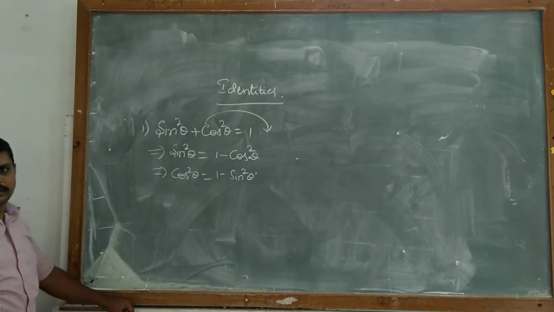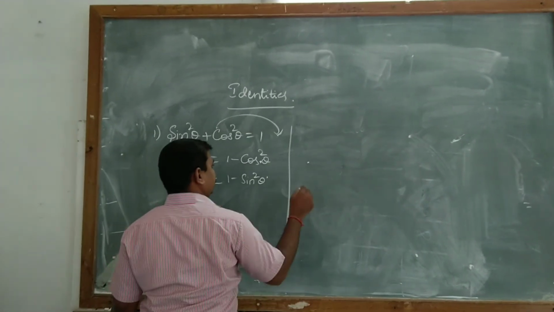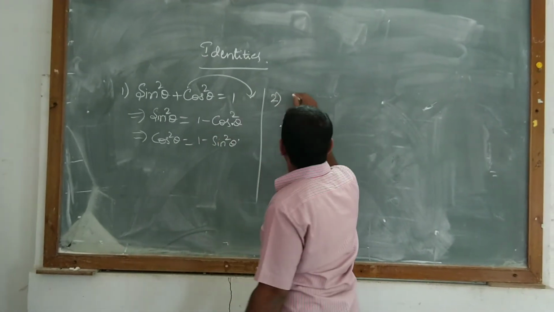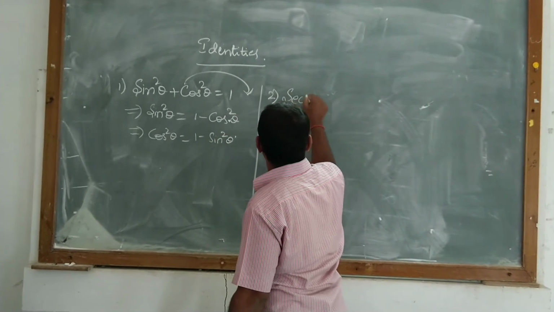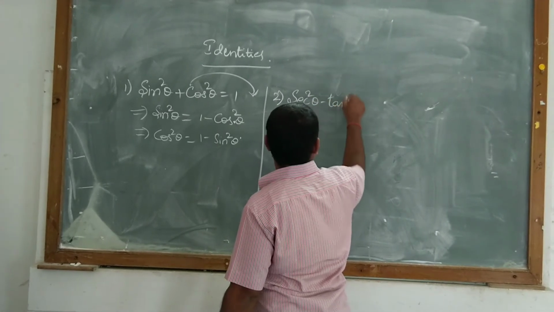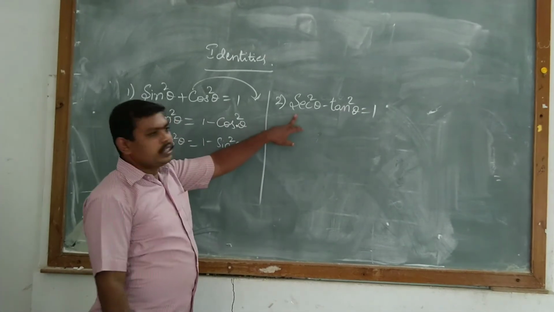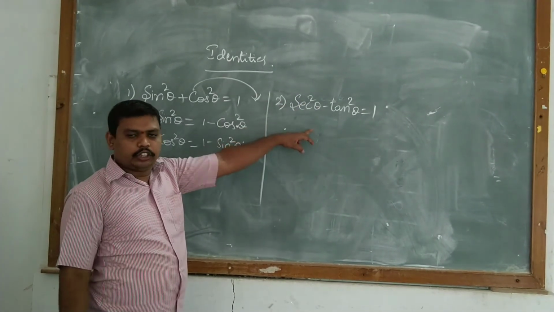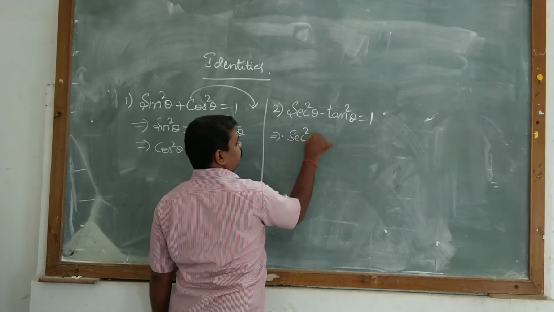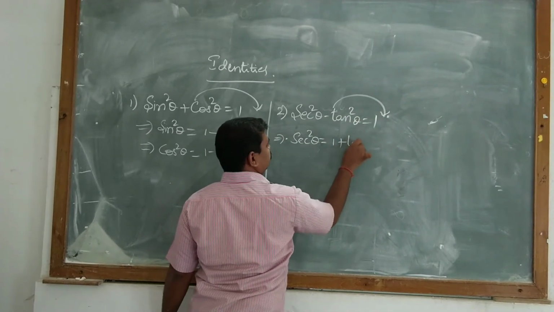This is our first identity. Next, the second one: secant square theta minus tan square theta is equal to 1. That implies secant square theta is equal to 1 plus tan square theta.